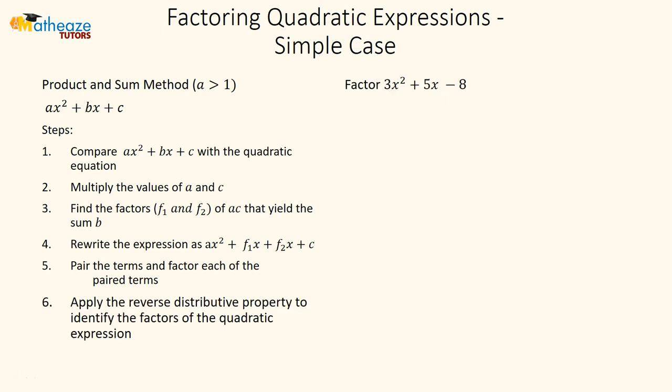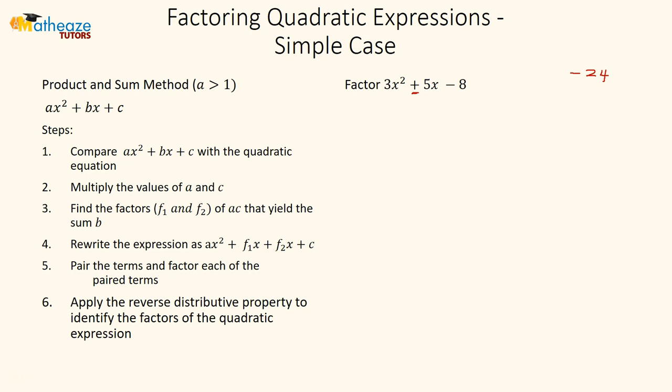Finally, we're going to take a look at this example. So we have 3x squared and negative 8, so we're going to deal with negative 24. We're going to look for factors of that that lead us somehow to 8. Because this is negative and this is positive, that means that one of your terms must be negative.